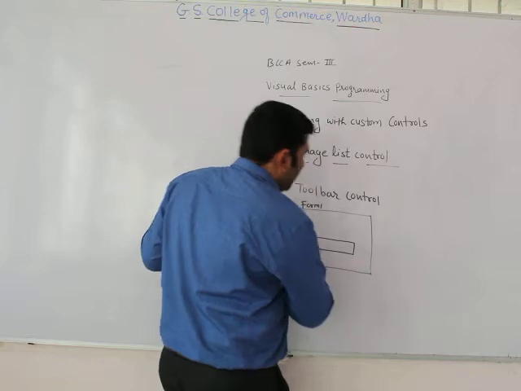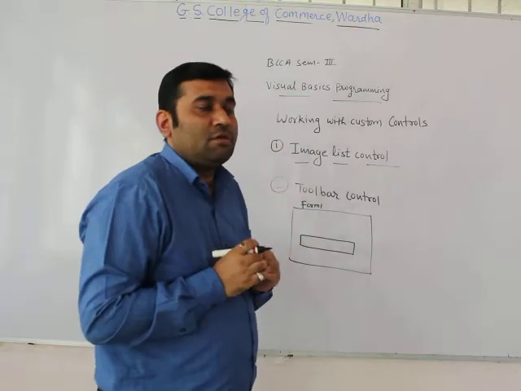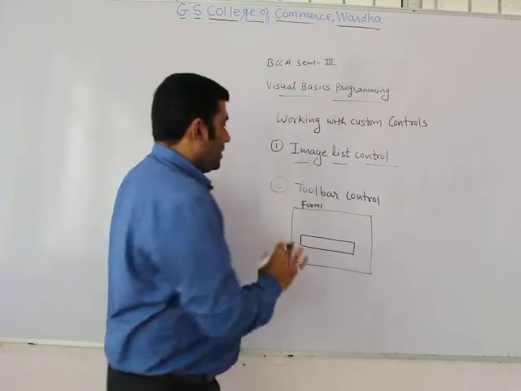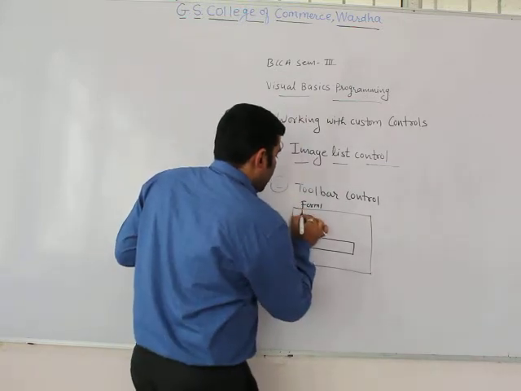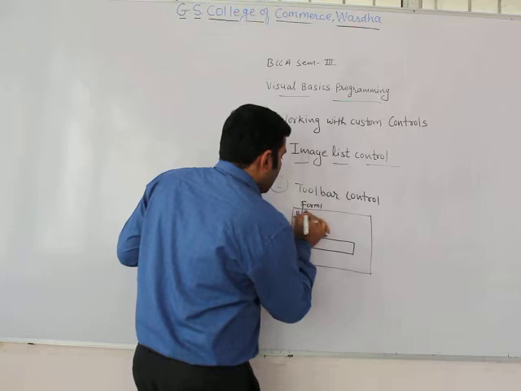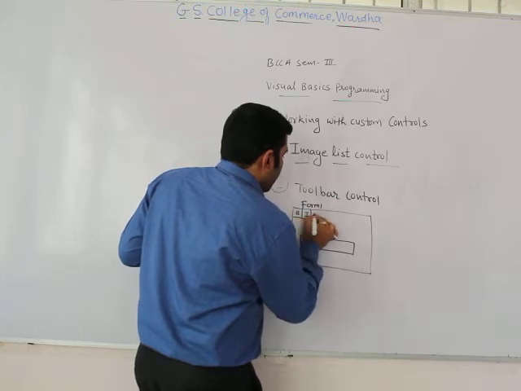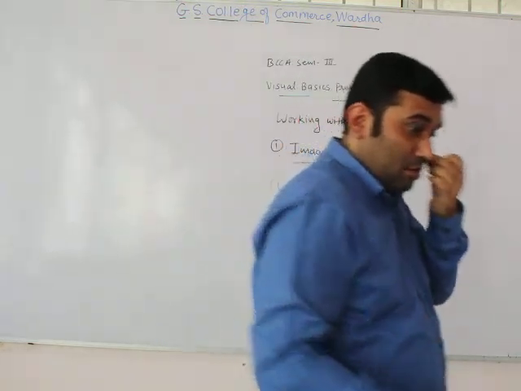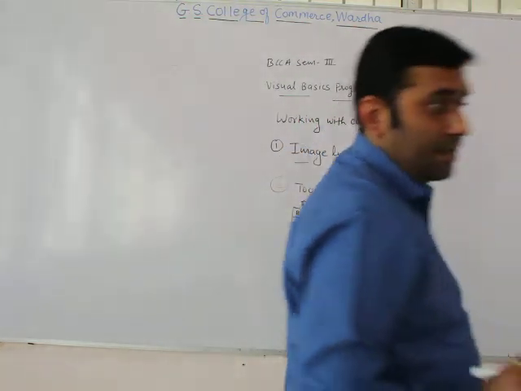Here I take one text box control. The text box control is also available in the toolbox, and here buttons are available. Give the buttons the names Bold, Italic and Underline.